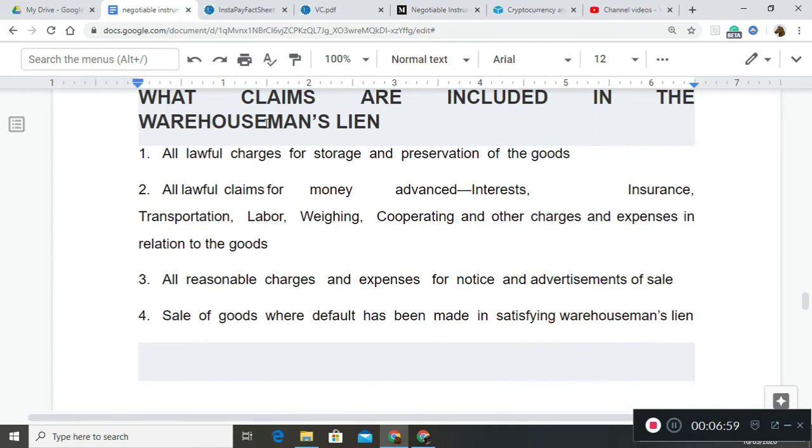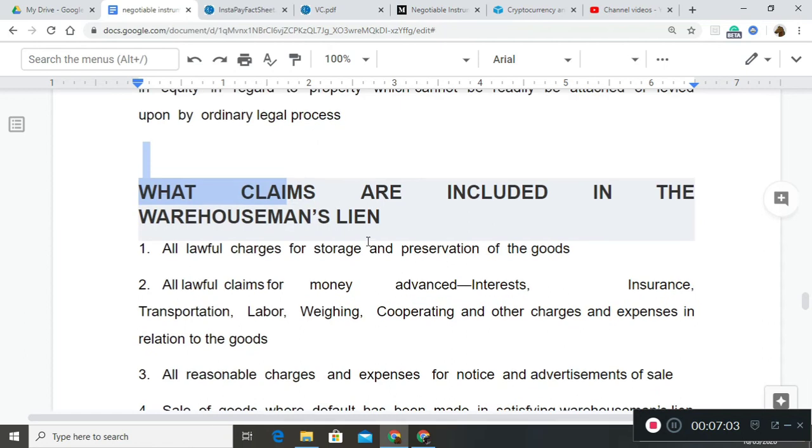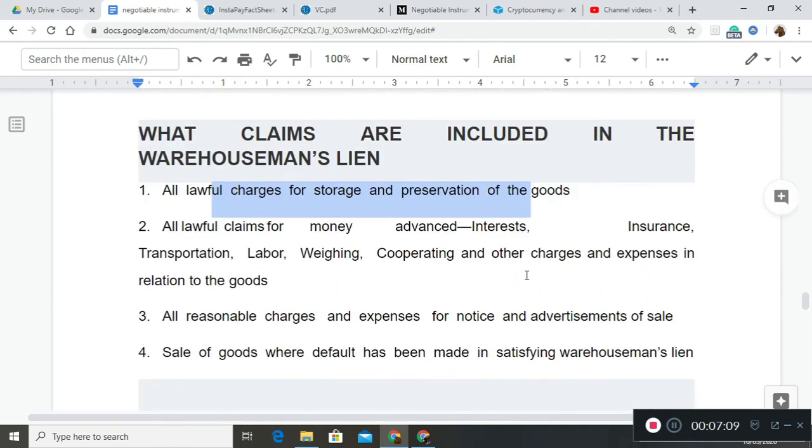As for our warehouseman's lien, what are the claims included? So, all lawful charges for storage and preservation of the goods. So, if the goods need freezing, then the cost to freeze the goods can be charged or claimed by our warehouseman.